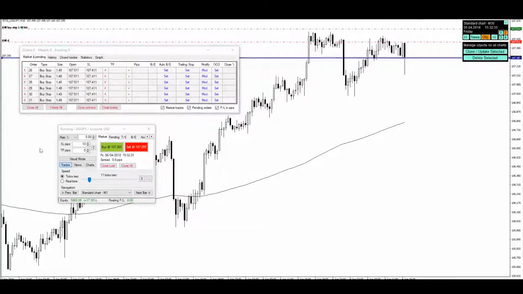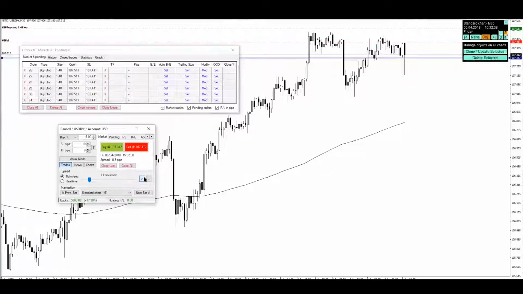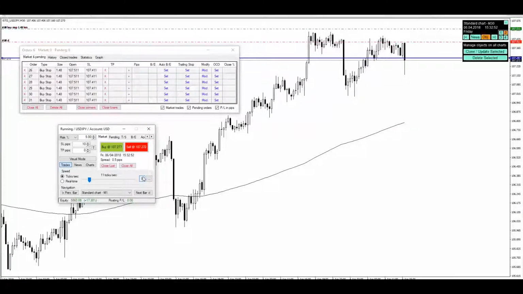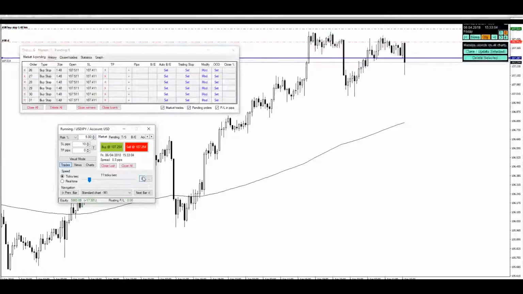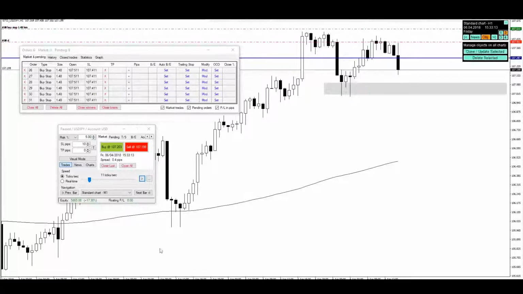This should be heading down because, I mean, numbers are bad. It rejected that resistance. Yes, there we go. Now it's heading down. What a disgrace.